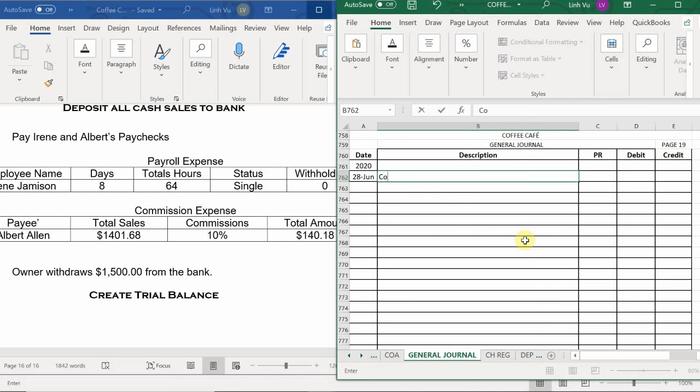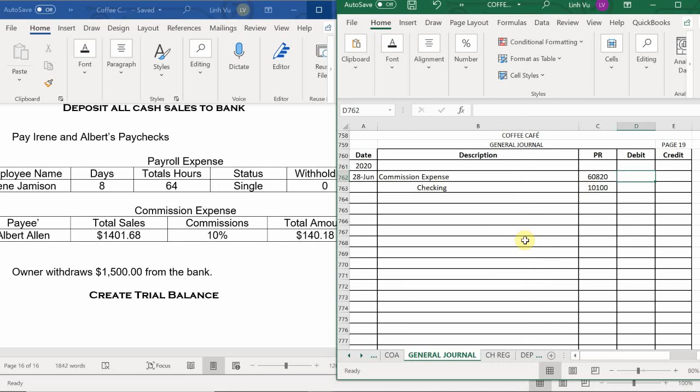So therefore, we incurred an expense. And it should be checking or credit. Because we're paying him, we're cutting him a check. So checking, okay? So commissions expense should be debited, and checking credited.